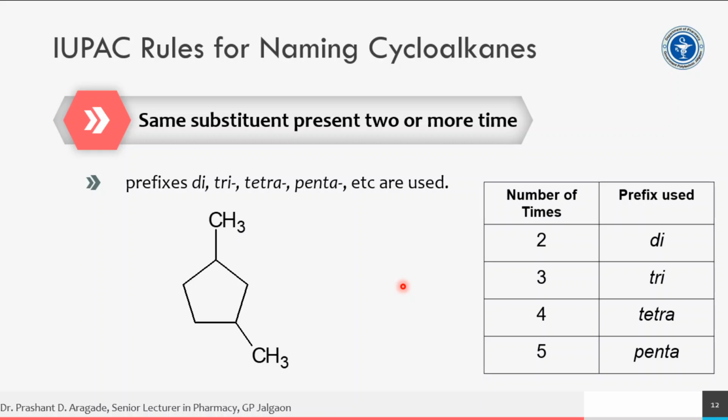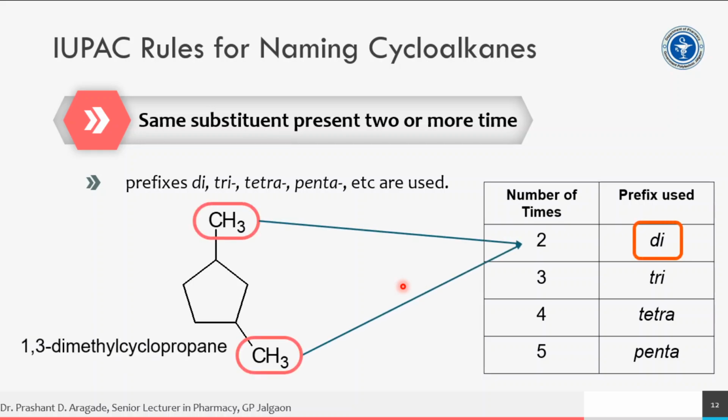In this example, we have a methyl substituent present 2 times, so the di prefix is used. So the name of this compound is 1,3-dimethylcyclopropane.